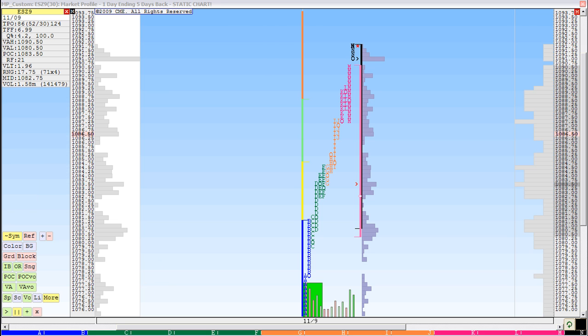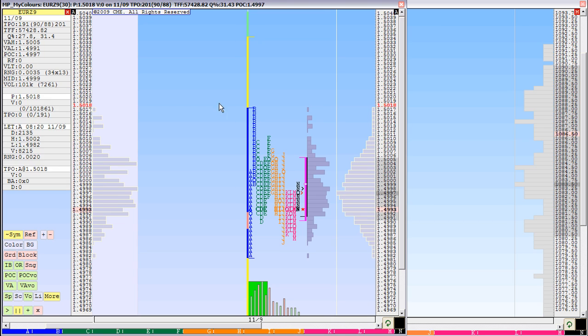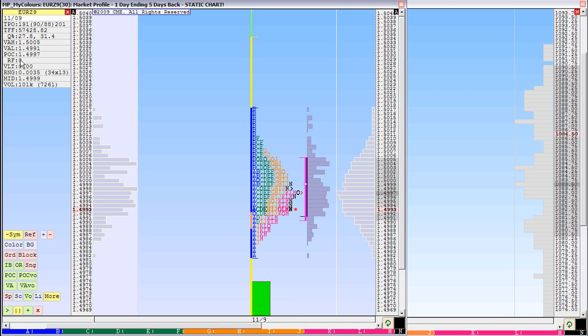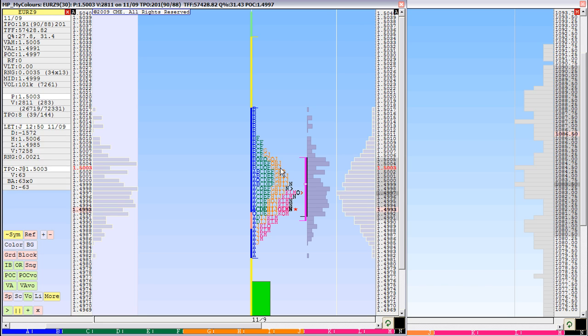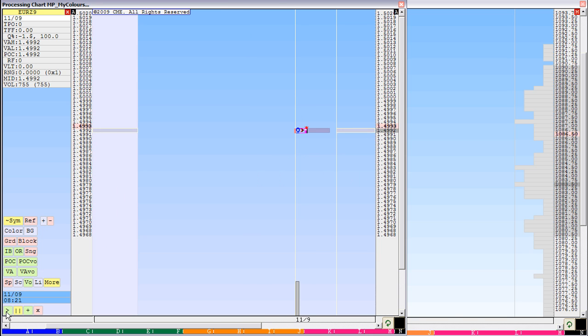Okay, so now I'm going to play for you the Euro the same day. And you'll see that the Euro rotational factor is 0. Fairly perfectly distributed bell curve. The high on the IB, low on the IB. The rest is just distributed across it. Okay, so let's play this.